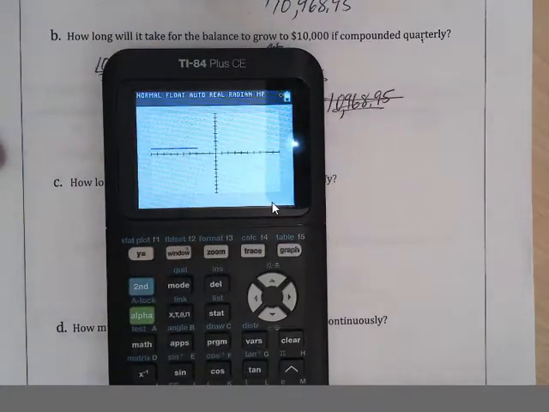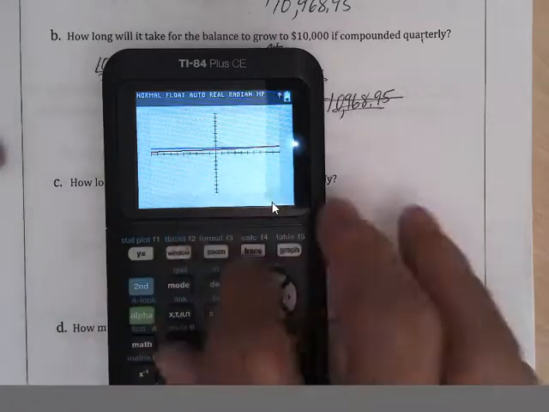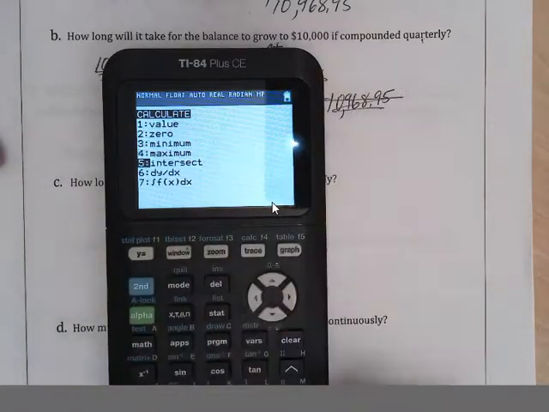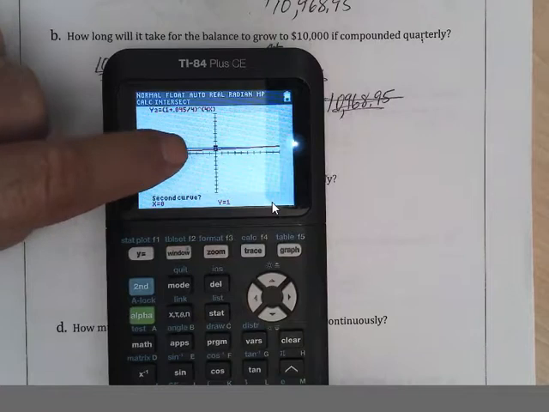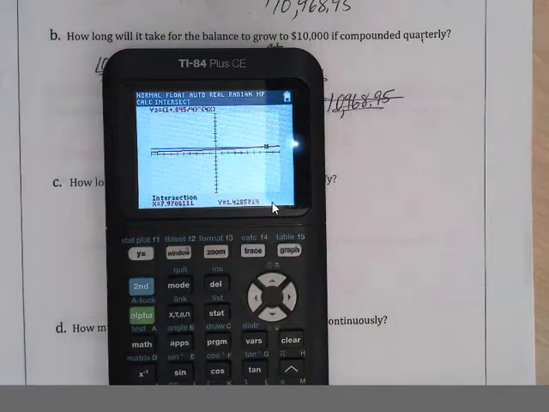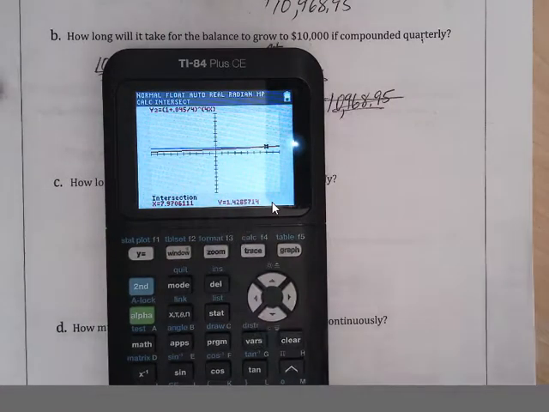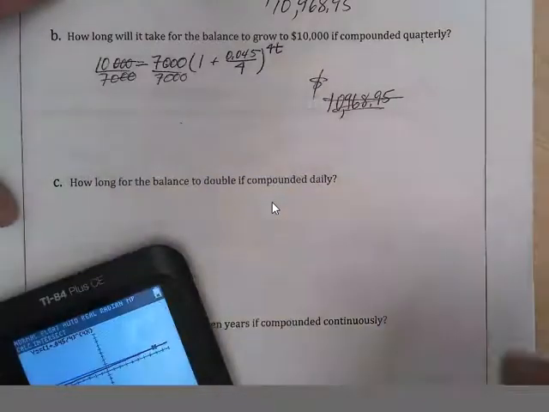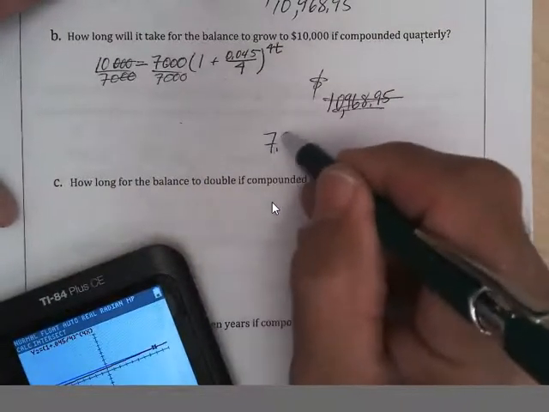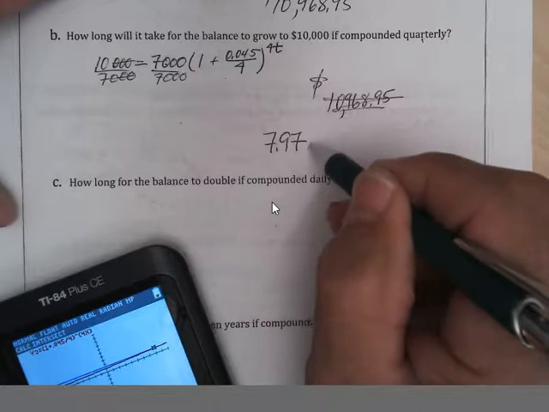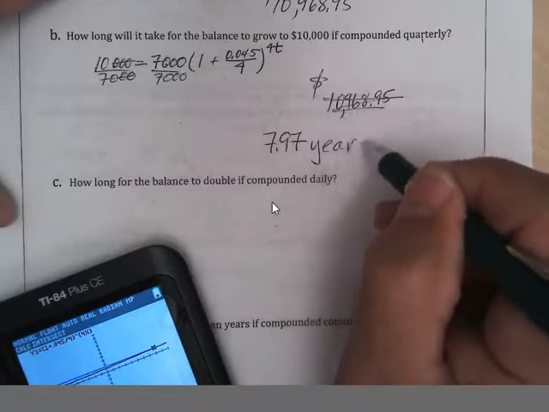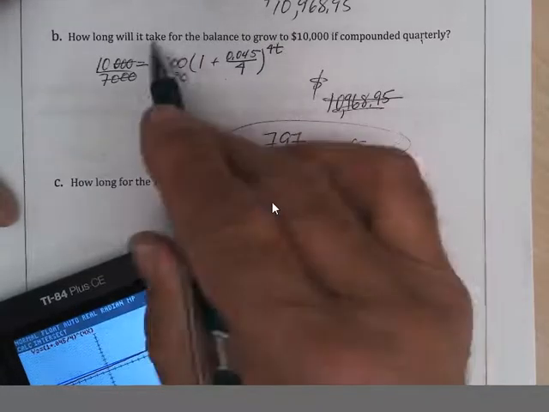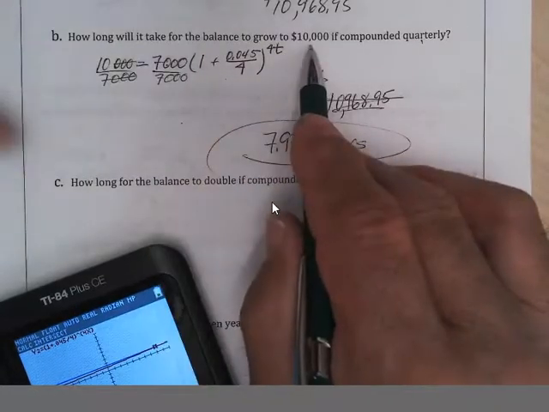Zoom 6 will probably make it on the screen. It's going up, hits, goes above. Second, calculate the intersection of the blue graph and the red graph, and my guess is 8, and it says no, it's 7.97 years for the balance to grow to 10,000, starting with 7,000.